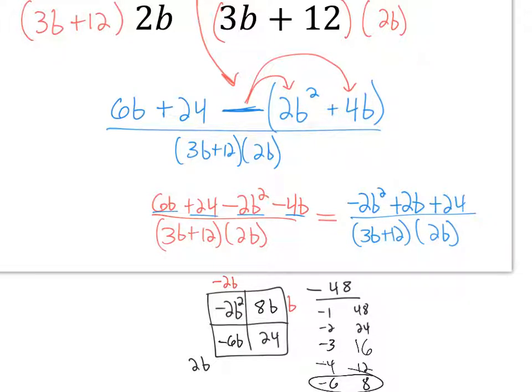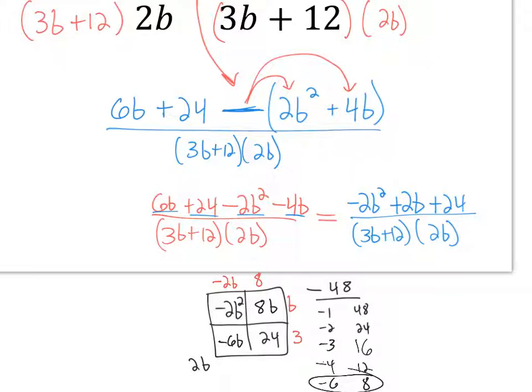And that's got to be an 8. So 8 times 3 is 24. Does that work out? Yeah, that works out.